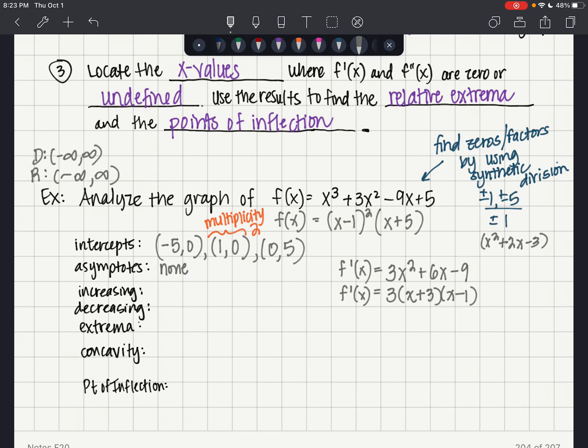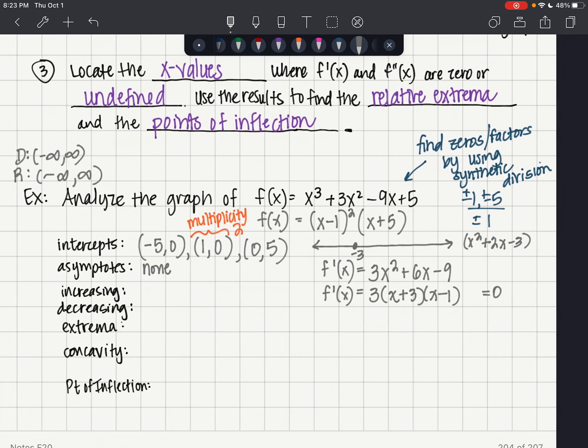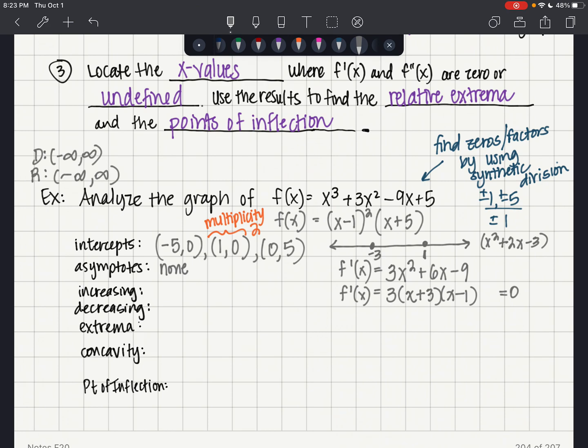If I set that equal to 0, I'm going to be able to find some values there that I'll be able to put on a number line. So I set that equal to 0, and I get negative 3, and I get positive 1.